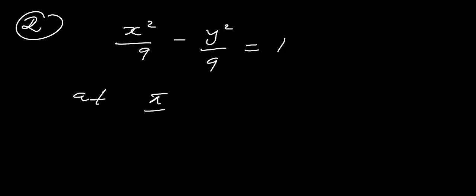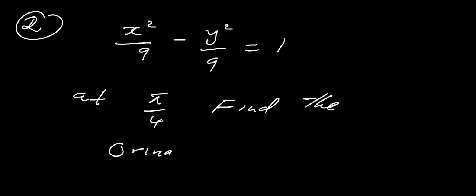If I give you x squared over 9 minus y squared over 9, this is a special hyperbola where a and b are the same, rotated by pi over 4, find the original equation.